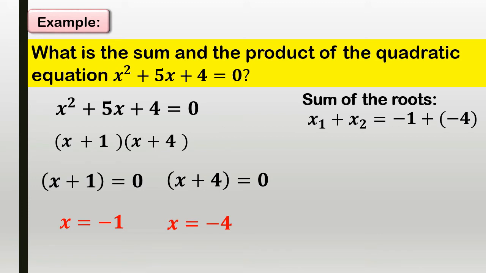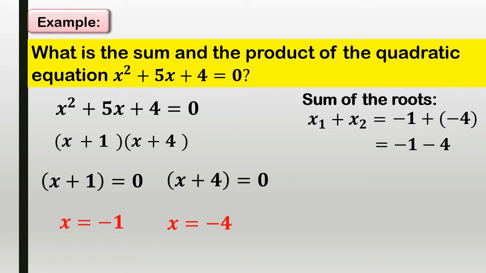So as you can see, the operation that we're using here is positive. Since beside the positive sign, there is a negative, kailangan muna nating i-simplify ang positive and negative sign before we proceed solving the sum of the roots. Positive times negative, it will become negative. That's why it will become negative 1 minus 4.